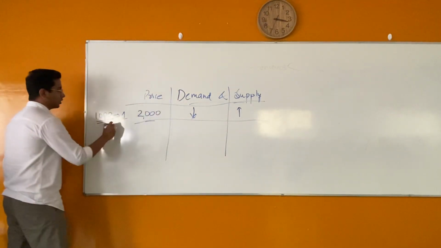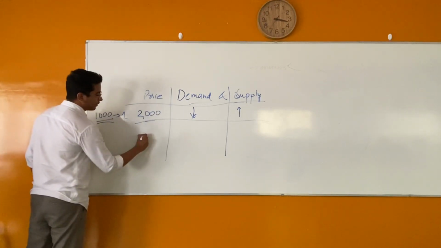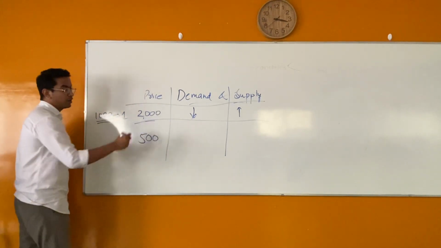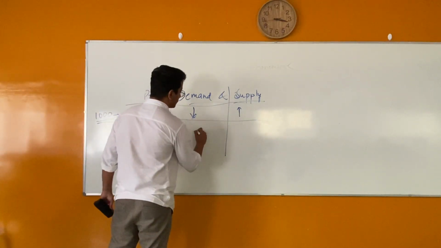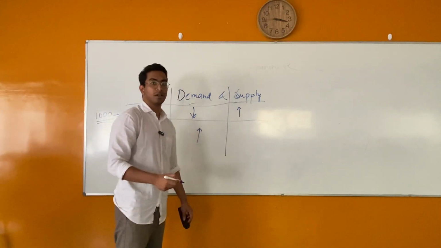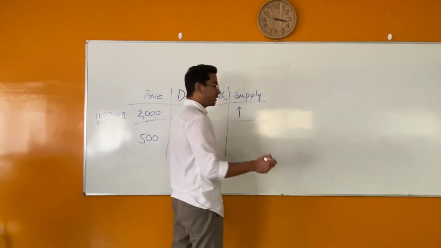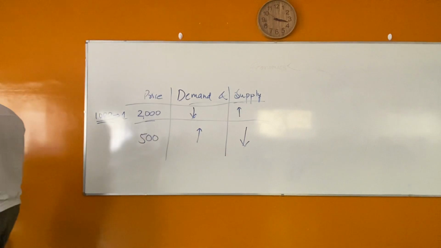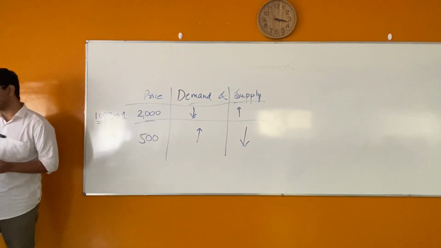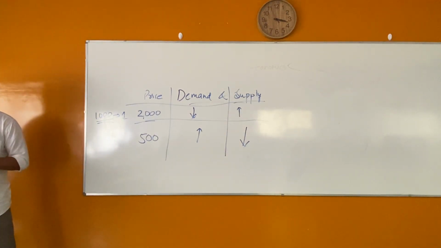If the same 1,000 rupees book you're getting at 500 rupees now, what will happen to demand? Demand increases because you're getting it for a cheaper price. What about supply? Decreases because people are buying it, so there's less supply. This you remember. If the price increases, then demand decreases, and vice versa.